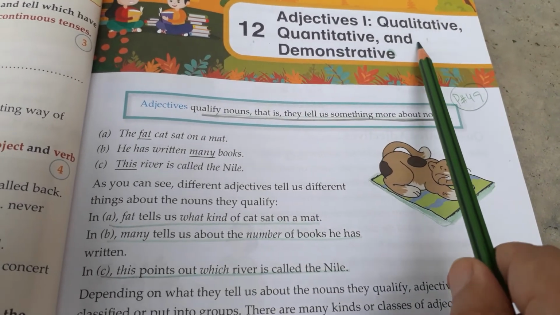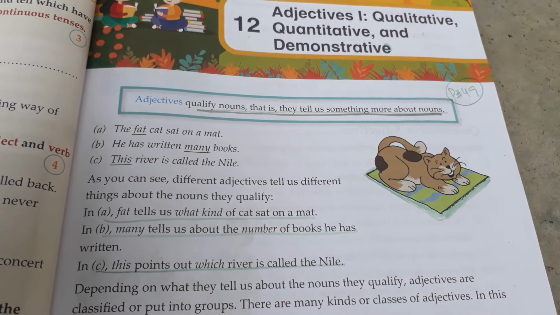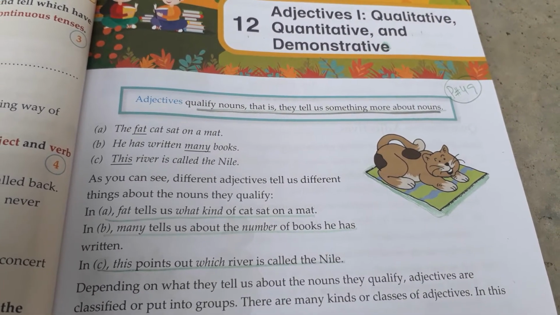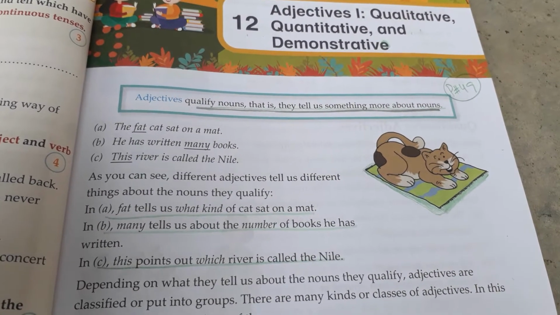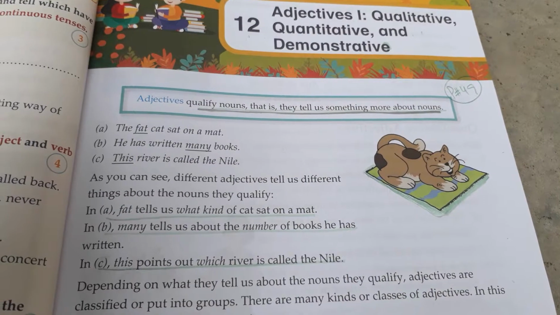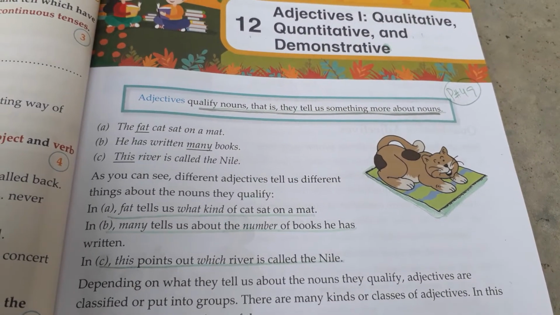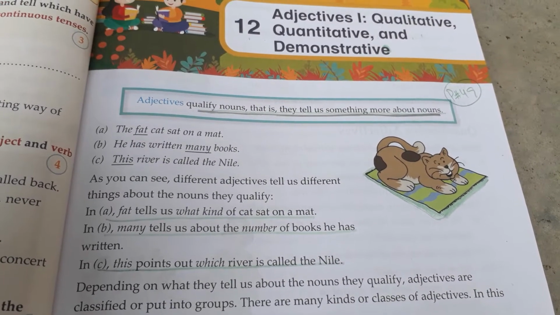In qualitative adjective we study the color, size, shape or texture of something. In the previous lecture I gave you the example of a teddy bear, that I have a nice teddy bear. Then I can also say that I have a brown teddy bear or a soft teddy bear, okay?